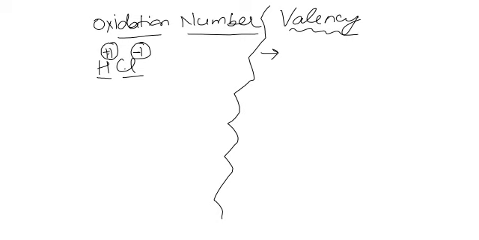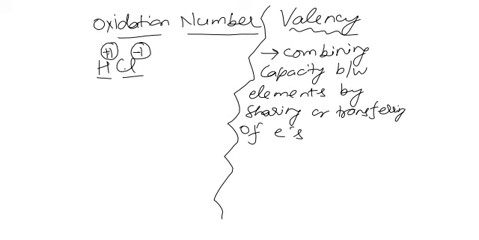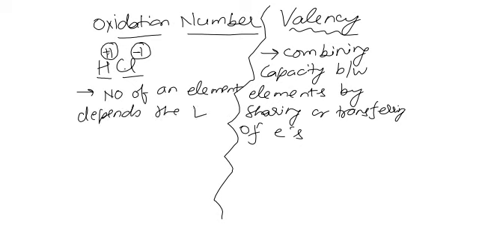Valency is the combining capacity between elements, or we can say atoms, by sharing or transferring of electrons. And oxidation number is a number of an element in a compound which depends on the electronegativity differences between atoms.